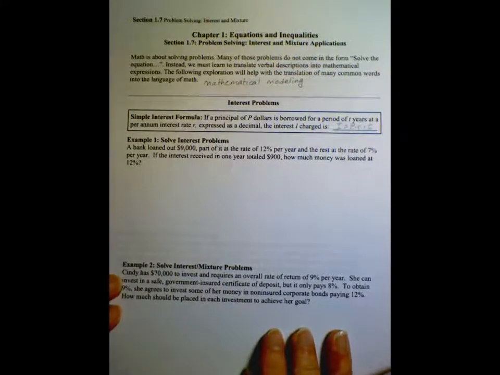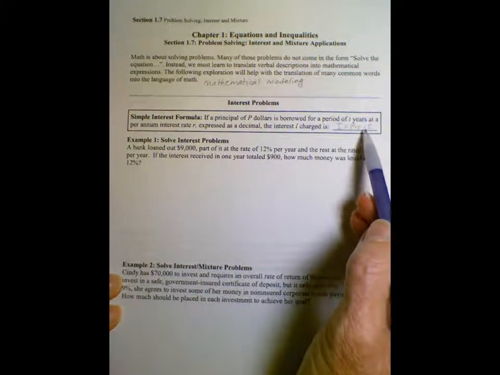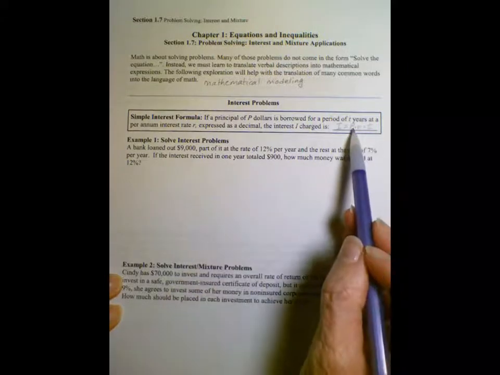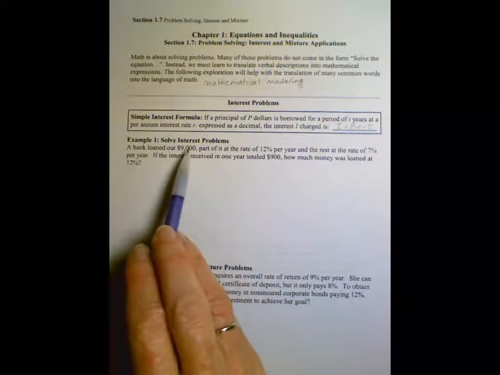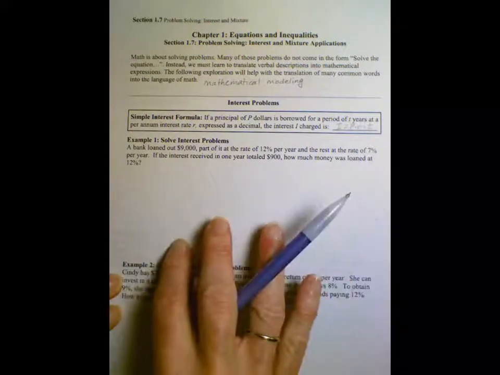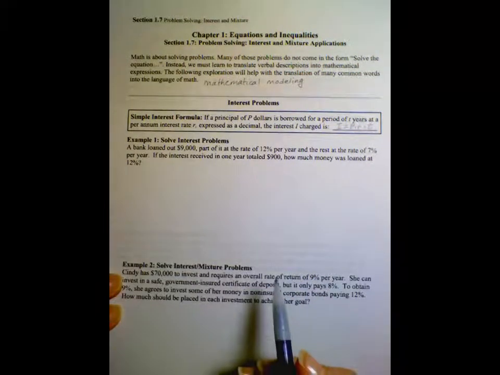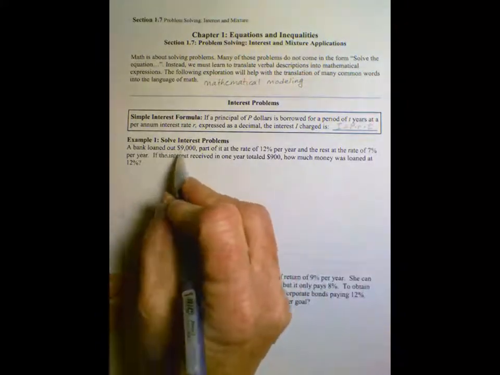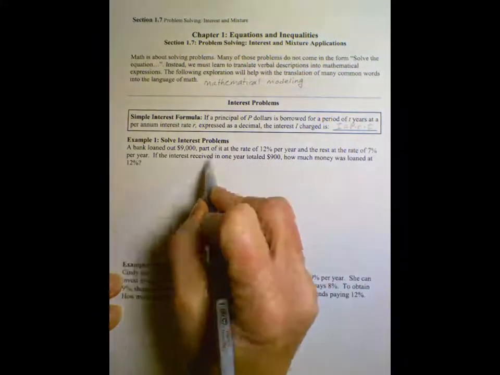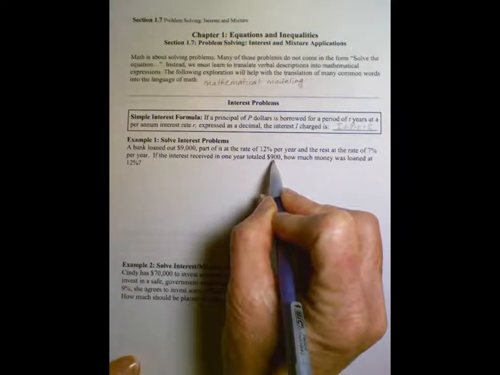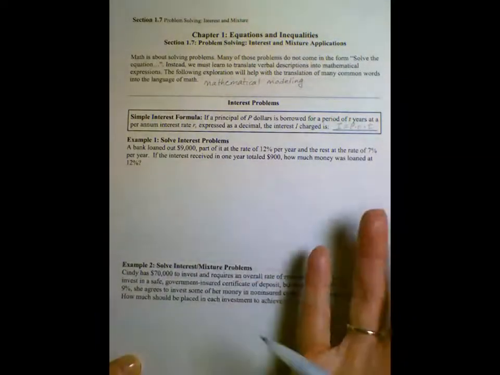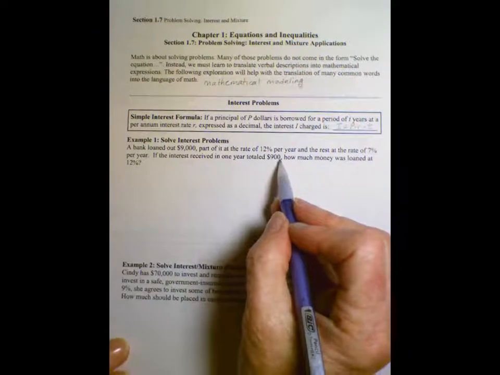Okay, so let's think about this. We're going to use our I equals PRT, but in this case, we're splitting this money up. So we're going to take our 9,000 and put it in 2 separate piles, and the question is how much in each pile. So they tell us the bank earned an interest. This is the interest received, and remember, the money paid for use of money is interest, right?